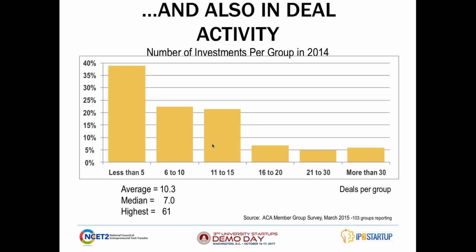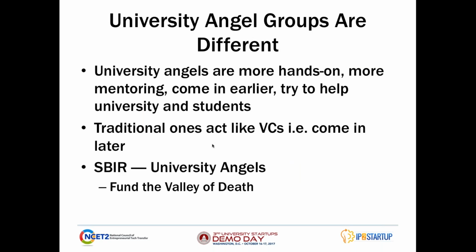Okay, and the last slide I want to touch on before I hand it over to Bob is the difference between university angel groups and regular angel groups. University angels generally are just more hands-on. They are people that are trying to give back to the students in the university, and so they come in a little earlier and do more mentoring.